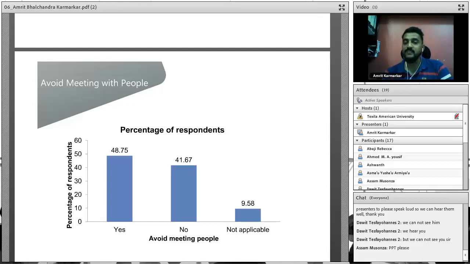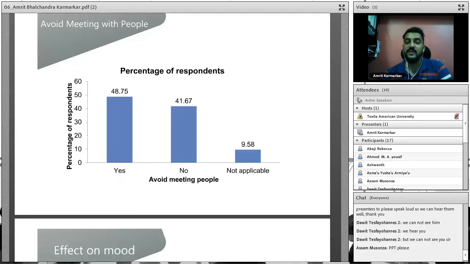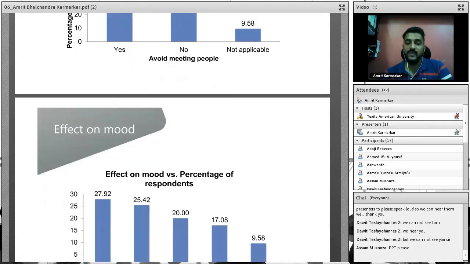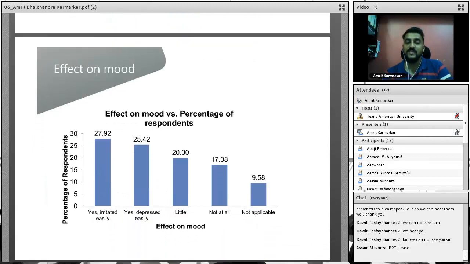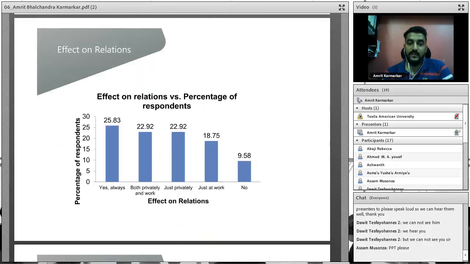Now, how it affects mood is also most important. People definitely get irritated due to these symptoms such as watery runny nose, nasal obstruction and all other things. So people get irritated, they get depressed, and this shows that 27.92% and 25.42% have an effect on mood. Now, how does it affect relationships?